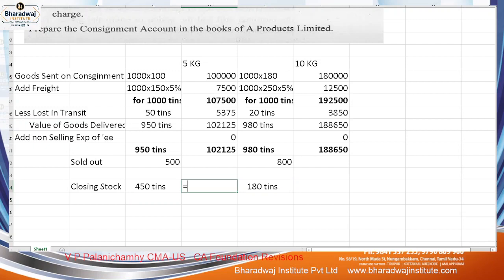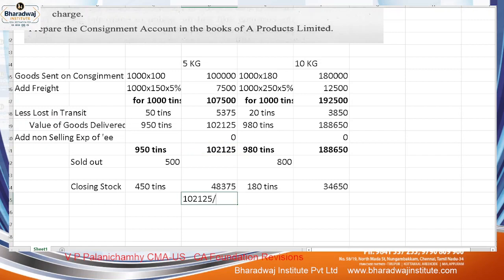How to value the closing stock? Simple. If this is the value for 950, what is for 450? And this is the value for 980. What is the value for 180? 102125.